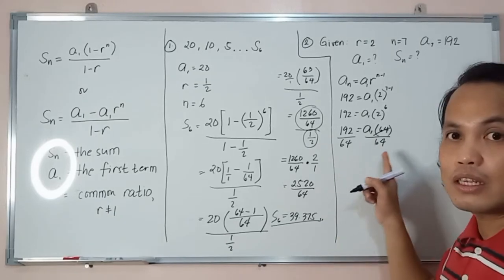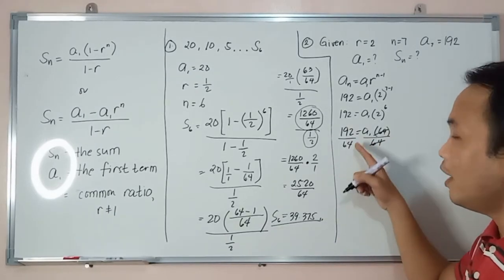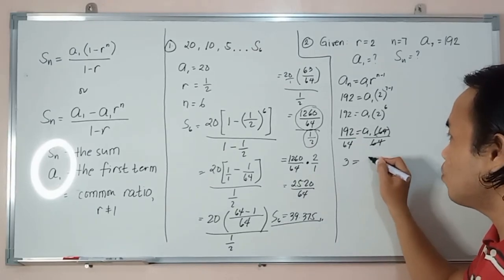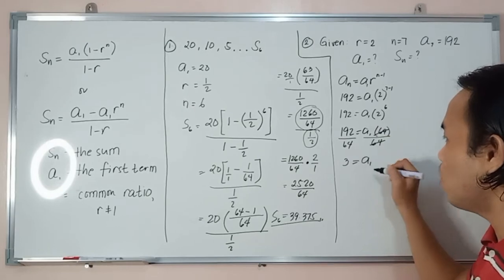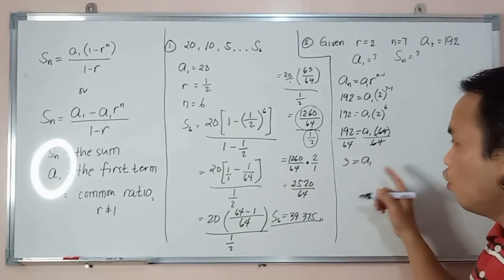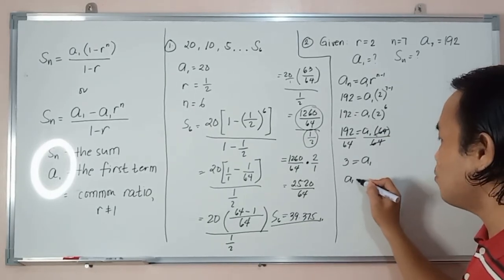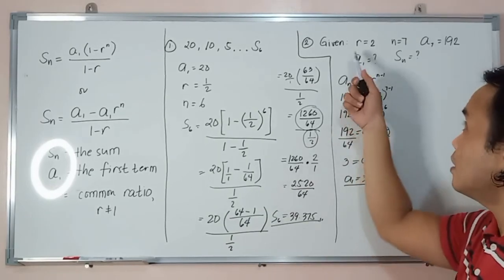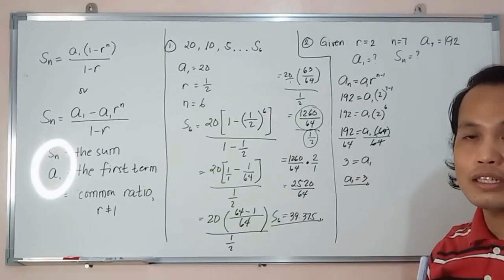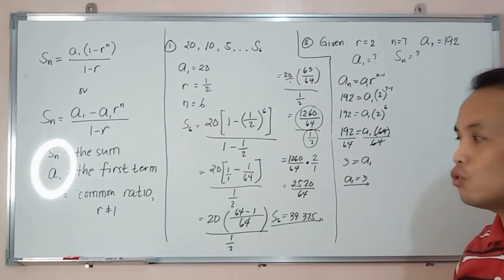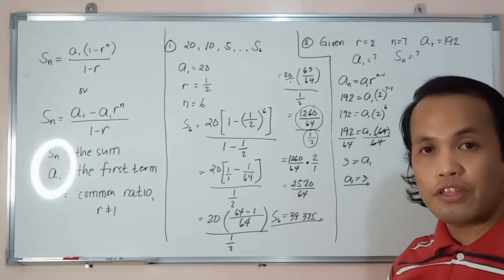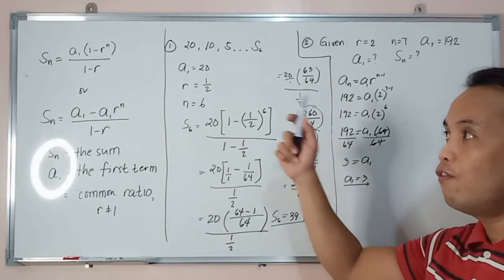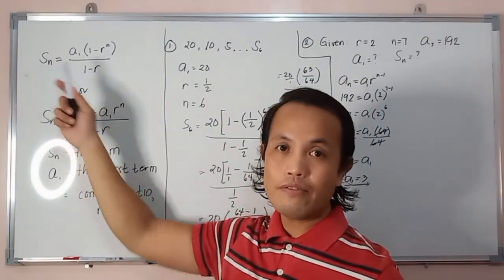In this case, we can cancel out the 64, and 192 divided by 64 will give us 3 equals a sub 1, or the first term. Or we can interchange, we can have a sub 1 is equal to 3. So therefore, given r as 2 and n as 7 and the last term 192, the first term is 3. We will now be using this value to solve for s sub 7.